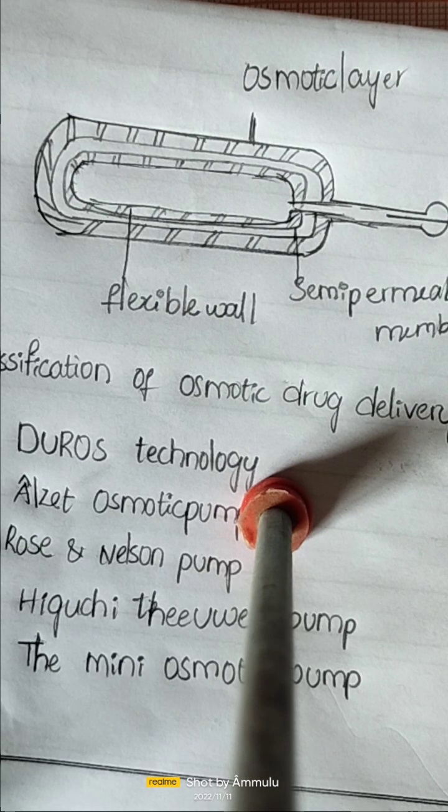Next one is the Alzet osmotic pump. These are miniature implantable pumps used in the research of animals like mice and rats.